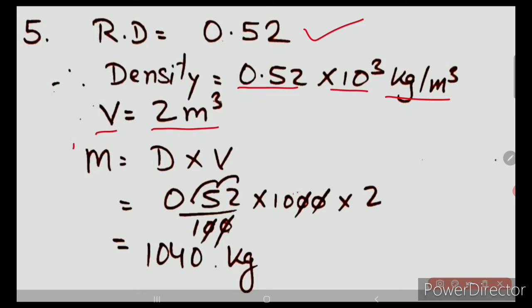So using the formula for mass, which is density multiplied by volume, we shall get 0.52 multiplied by 1000, multiplied by 2, this being the volume. After doing this calculation, we shall get 1040 kilogram. I hope you know the calculation part, right? So I think we can go to the next question.